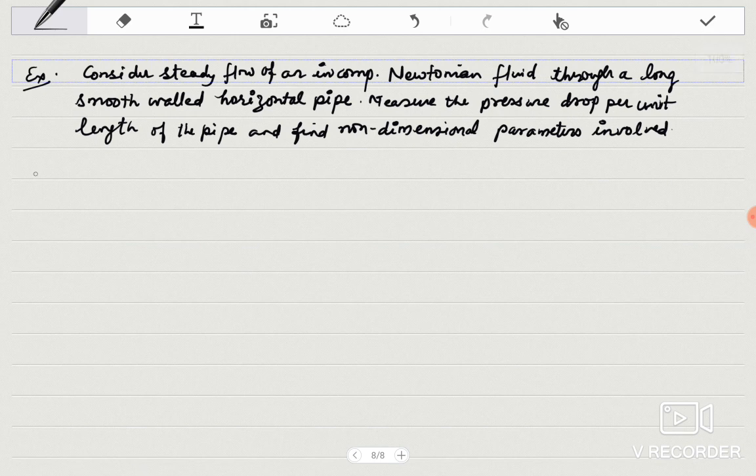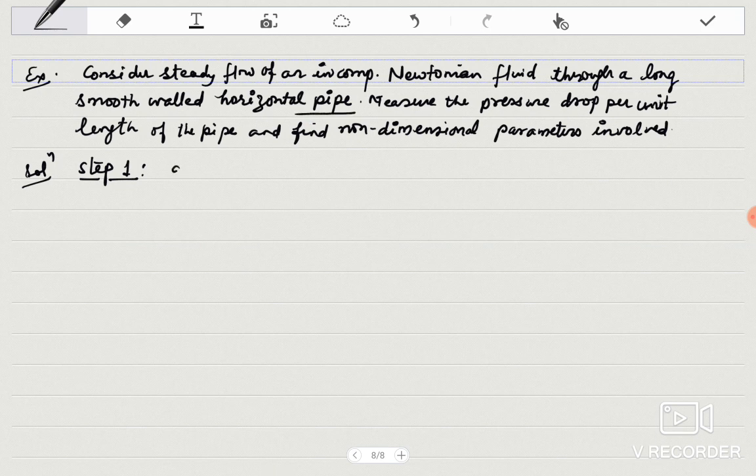So under step 1 we inspect what are the parameters involved in the problem. Here you are working with the flow through a long smooth-walled horizontal pipe.